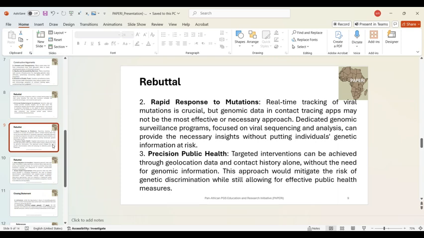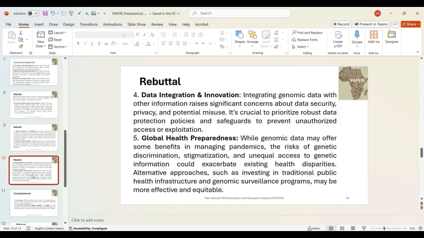There is also the issue of data integration and innovation. The integration of genomic data with other information raises significant concerns about data security, privacy, and potential misuse. So it is crucial to prioritize proper data protection policies and safeguards to prevent unauthorized access. The last point is global health preparedness.